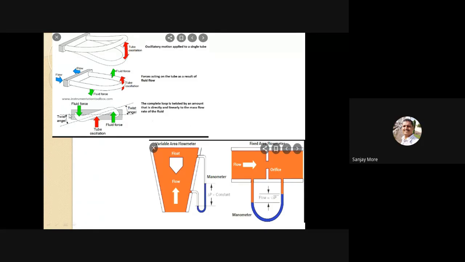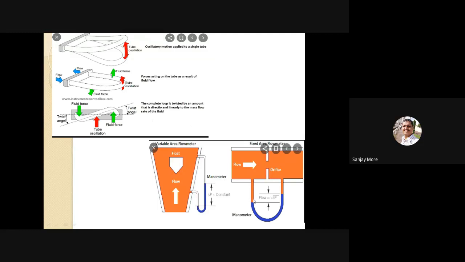See the twist angle; here the axis is the twist angle. Means when the flow reaches at high pressure, this tube will oscillate, and you have to measure this oscillation. Then the complete loop is twisted by an amount that is directly and linearly proportional to the mass flow rate of the fluid.